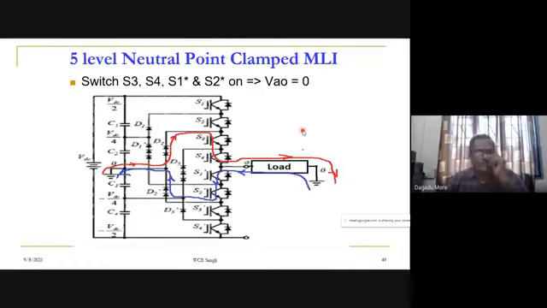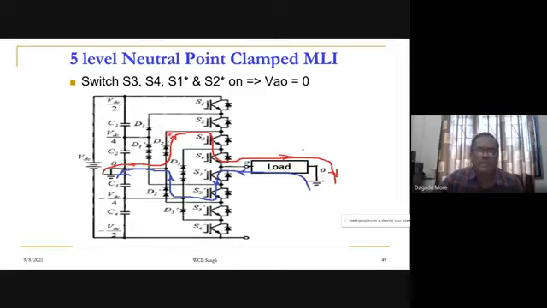And how do we get the zero voltage level? For getting a zero voltage level, S3, S4, S1 star, and S2 star are on. So S3 and S4 are on, S1 star and S2 star are on. In this case, zero level means A and O are shorted. For a positive current, what will happen?